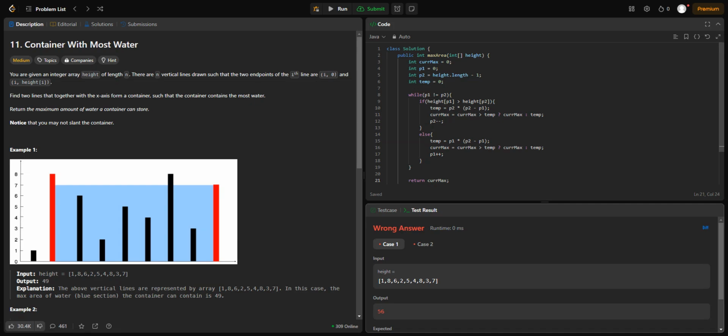Let's see. So we have P2 starting at the very end. If the height of P1 is greater than the height of P2, our temp is going to be height of P2. Let's see what I did wrong. I was doing it off the value.